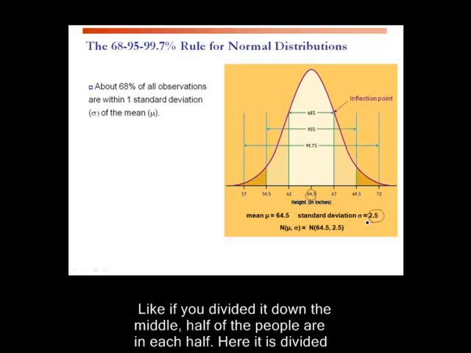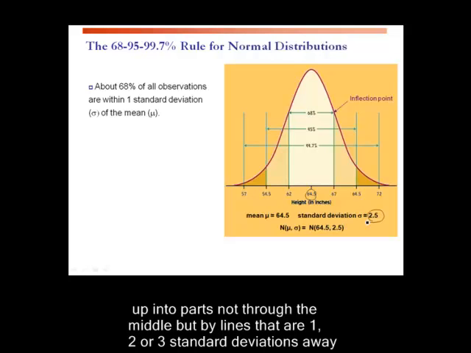I could tell you that 68% of you had a score between 1 standard deviation below the mean and 1 standard deviation above the mean. We can do it for 2 standard deviations. If I go 2 standard deviations below to 2 standard deviations above, the answer becomes 95%. For 3 standard deviations, 99.7%.